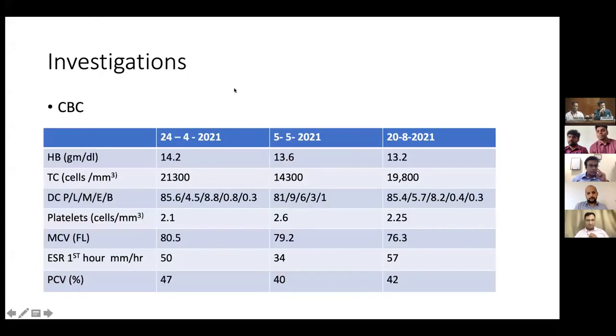This is the CBC of the patient. From left to right, it is sequenced as first admission, discharge, and the second admission investigations. During the first admission, there was a significant neutrophilic predominant leukocytosis, and PCV was also high, with a value of 47.